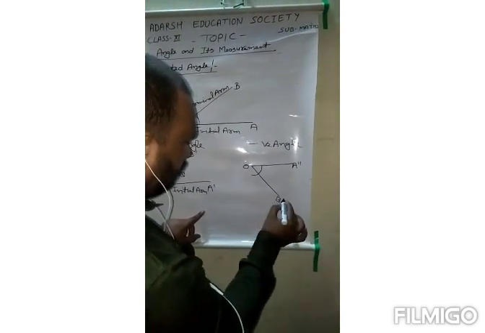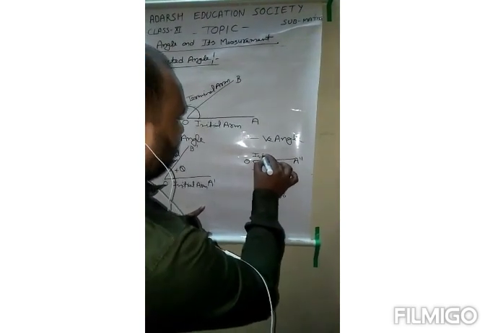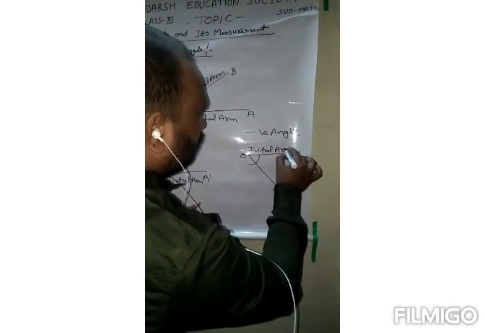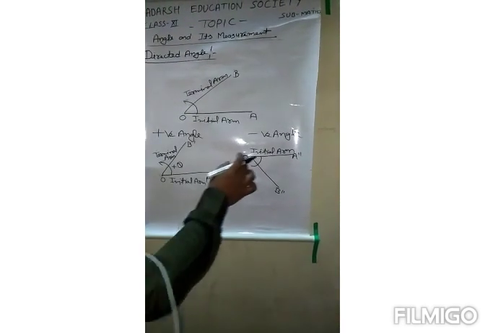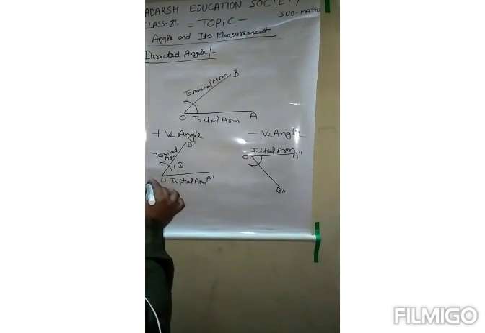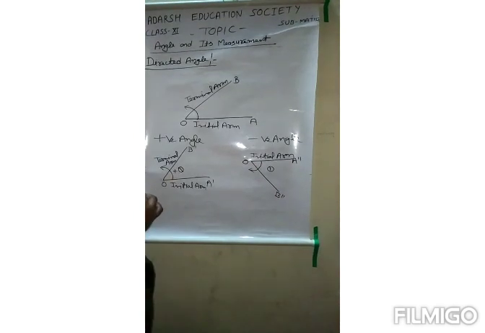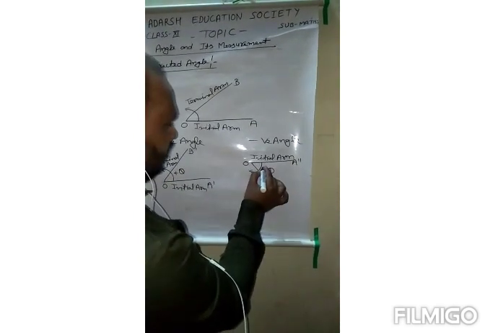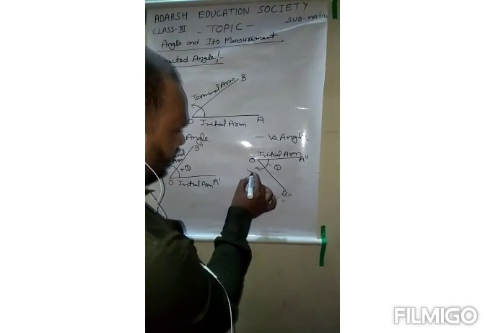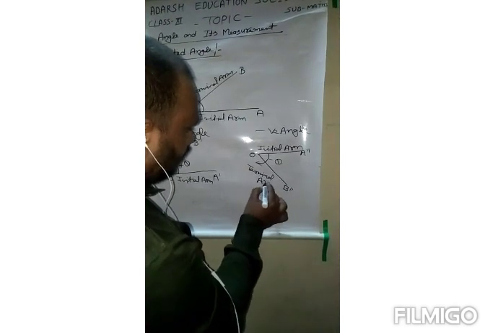Here you can clearly see that OA is our initial ray, and from the initial arm OA double dash we took the sense of rotation toward the clockwise direction. So if theta is the measurement of the angle, then theta will be called a negative angle. And here again you can say OB dash is our terminal arm.